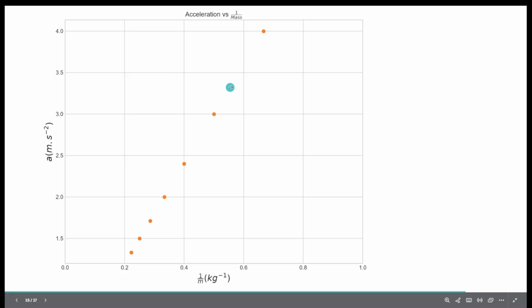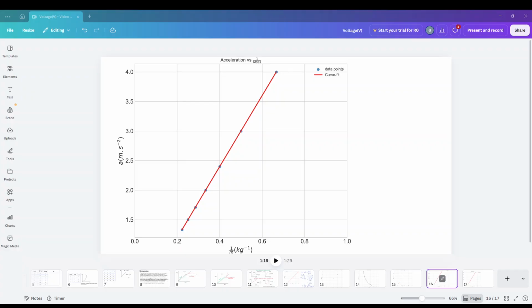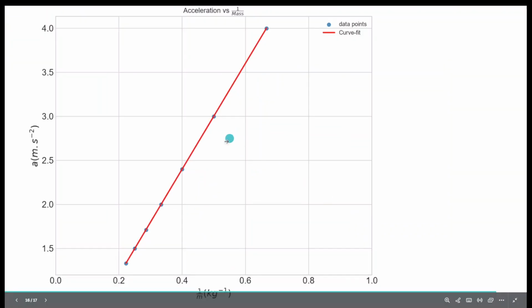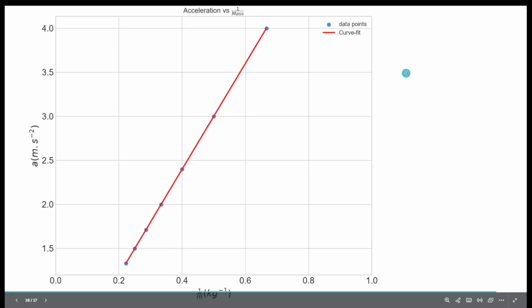You can see that as you plot these points, it's clear that the line of best fit here is a straight line. So then let's join the points. If we join the points, then this is our line here, which is a nice straight line.